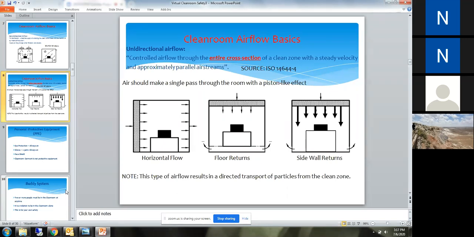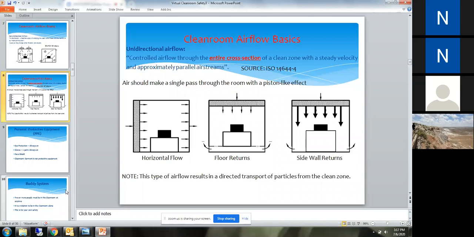So, okay. I believe the one with the, I'm not an expert, but the unidirectional is more conducive to what you are trying to get at if you want to get rid of particles.